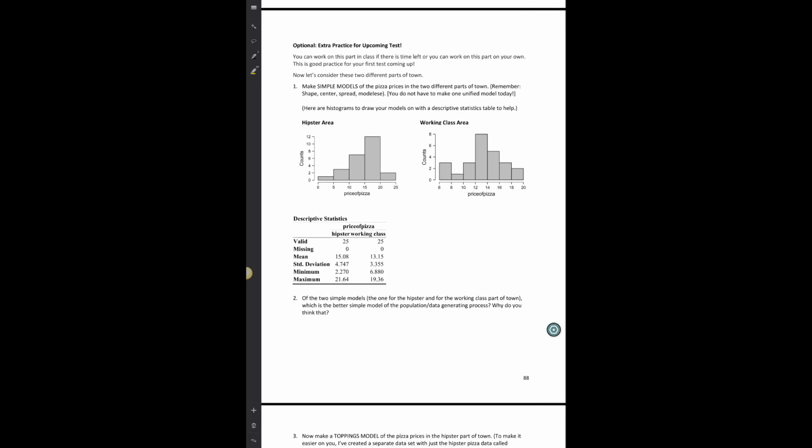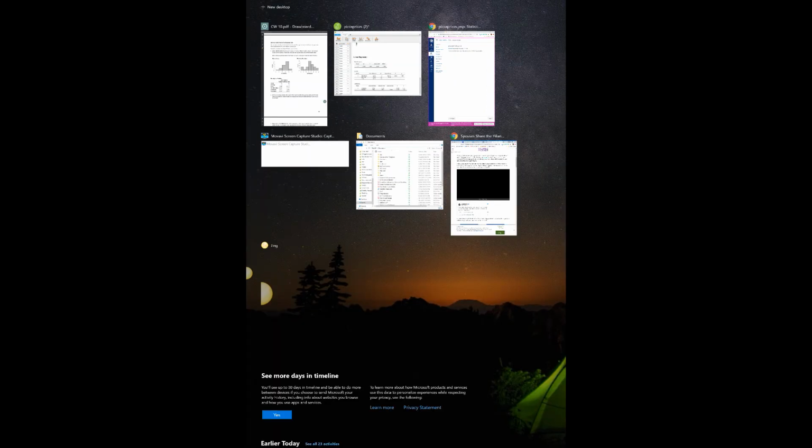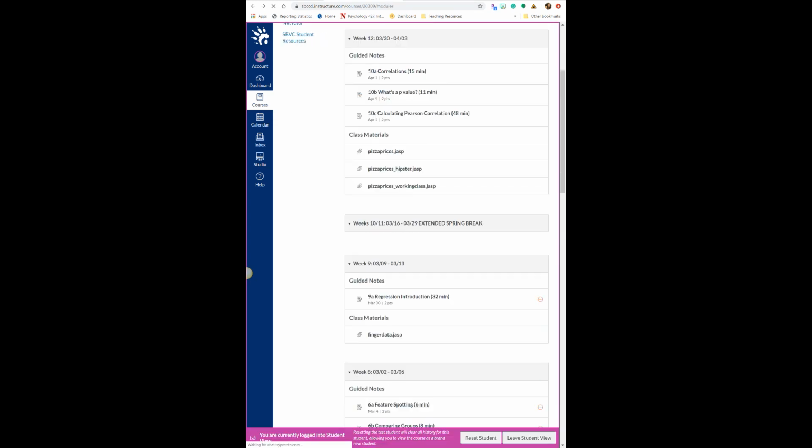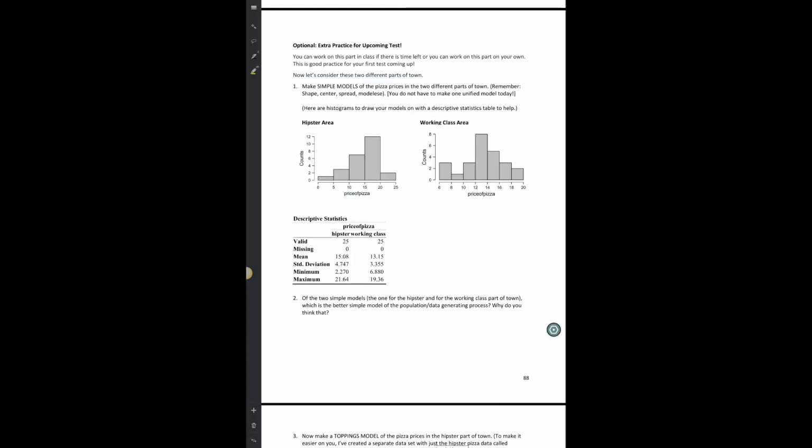Now, if you do want to run the JASP yourself to practice that skill, then these data files are also available in this week's module. So they're split up so that you can run them separately. There's one for pizza prices for hipsters and one for pizza prices for working class.